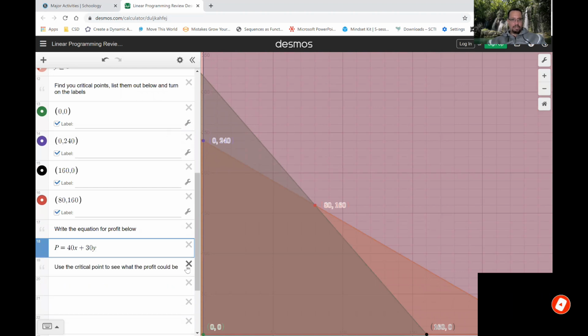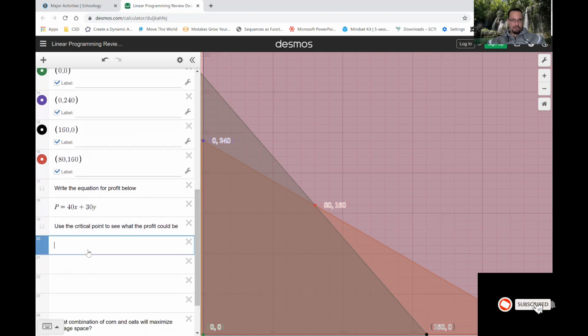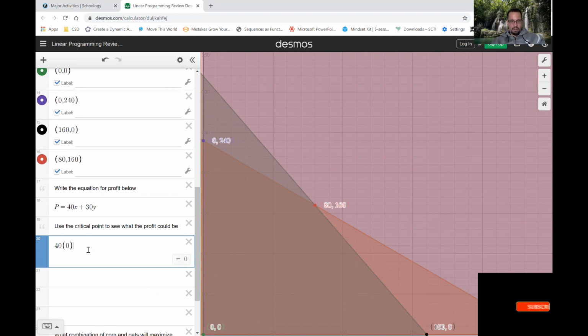Use the critical points to see what the profit could be. So first we're going to just plug in 40 times 0 plus 30 times 0. As expected, if we have 0 oats and 0 corn, we would have $0 profit.